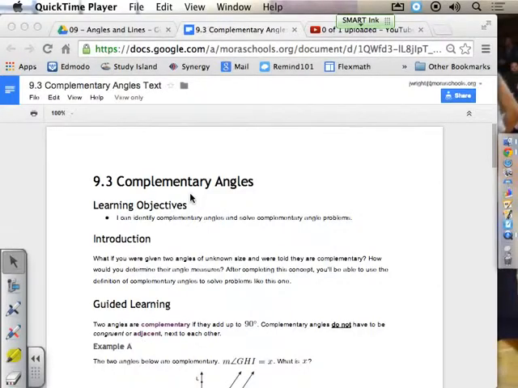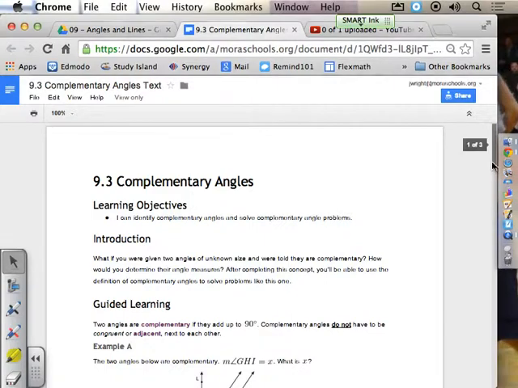All right, 9.3, complementary angles. This is going to be taking two angles of unknown size, and if you were told they were complementary and given the measure of one, you would definitely be able to figure out the other one. All right?